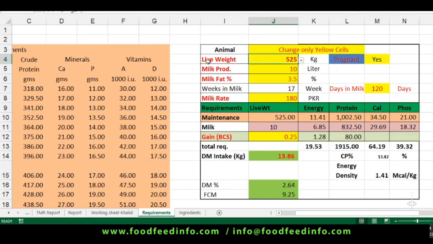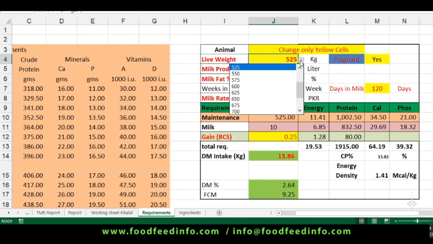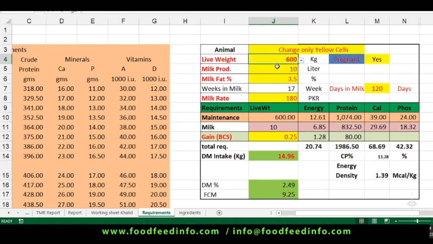Now if you pick up the weight of a live animal, like we are choosing an animal with 600 kg body weight, milk production is 0, milk fat is 0, and then the milk rate you can add as per your own will. Here we have an animal that is in milk for only 30 days and is not pregnant.